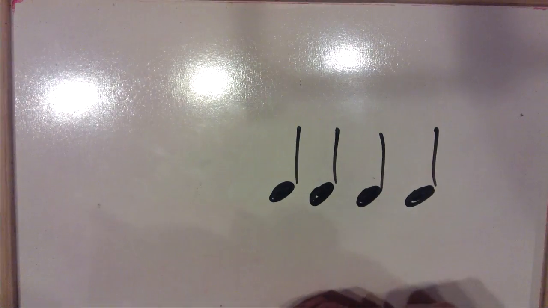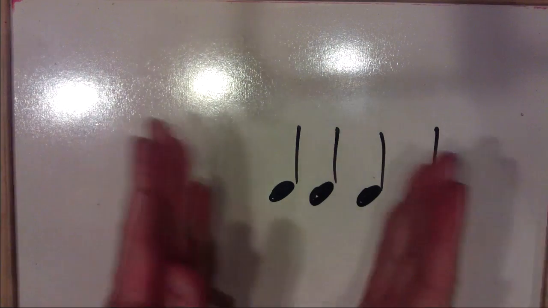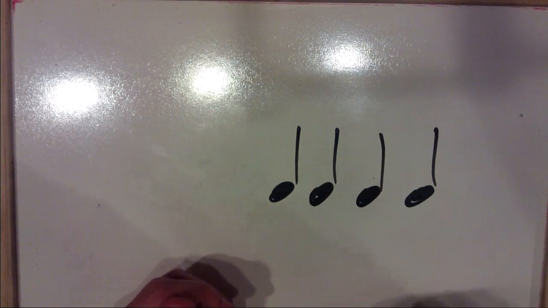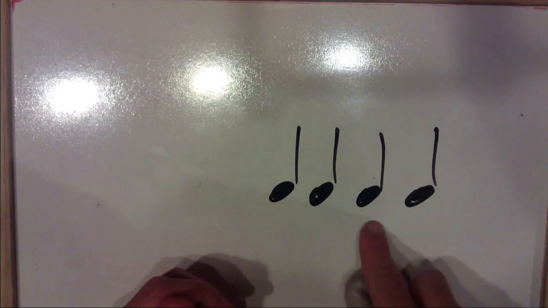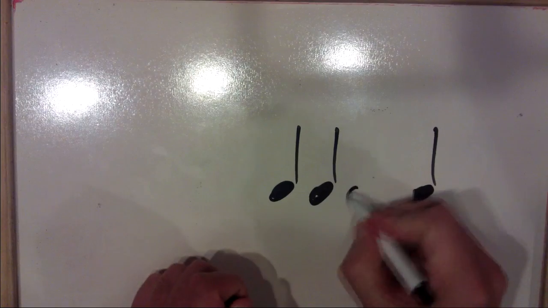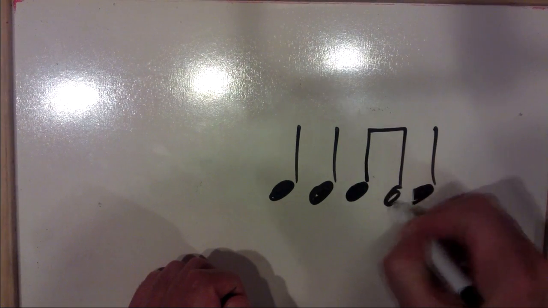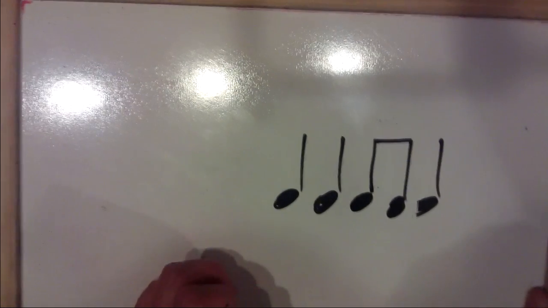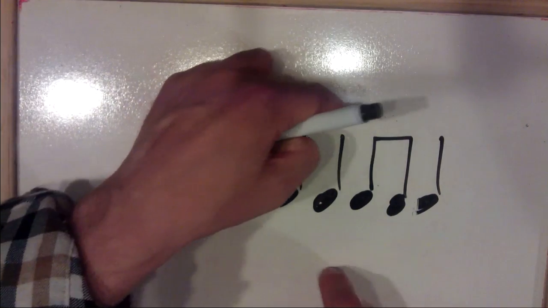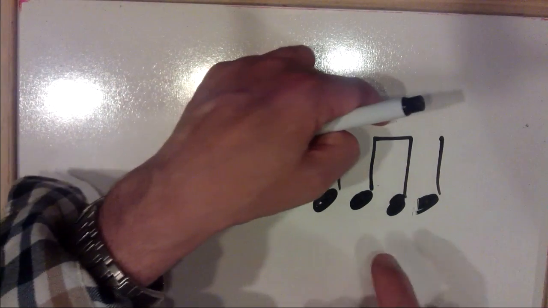One day we might have to split, instead of joining together, one of the quarter notes. For example, this one. In that case, there is another symbol for that. We just put two eighth notes together, and that is going to sound, instead of ta ta ta ta, ta ta ta ta ta.